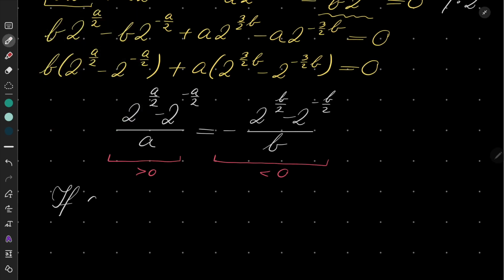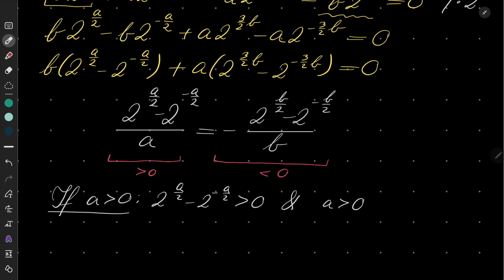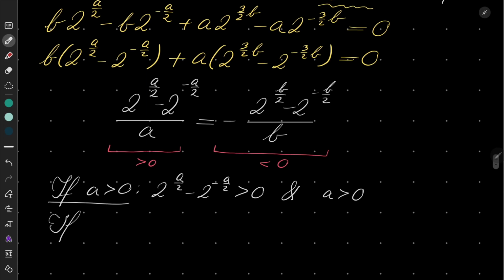If a is greater than 0, then our numerator is greater than 0 and denominator is also greater than 0. So the fraction is positive. But when a is negative, our numerator is negative, and likewise our denominator is also negative. So again, our fraction is positive.